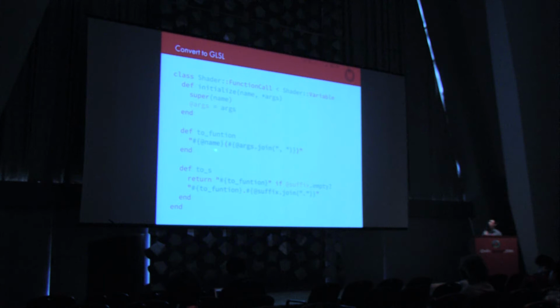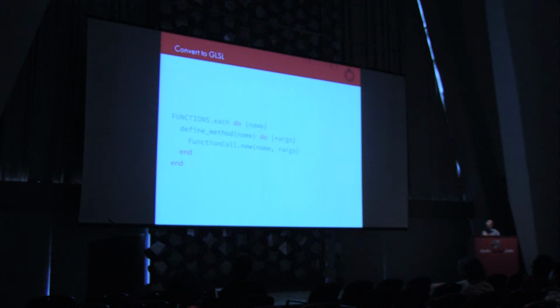So the function name and the arguments will be added into it. And the final return string will be changed. We define the function like the type. We just create a function label array and define all function methods. But the custom function is too complex, so I did not implement it.